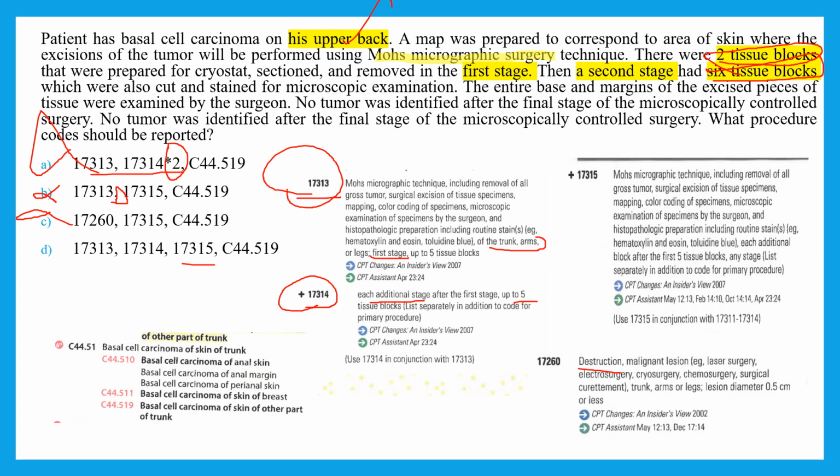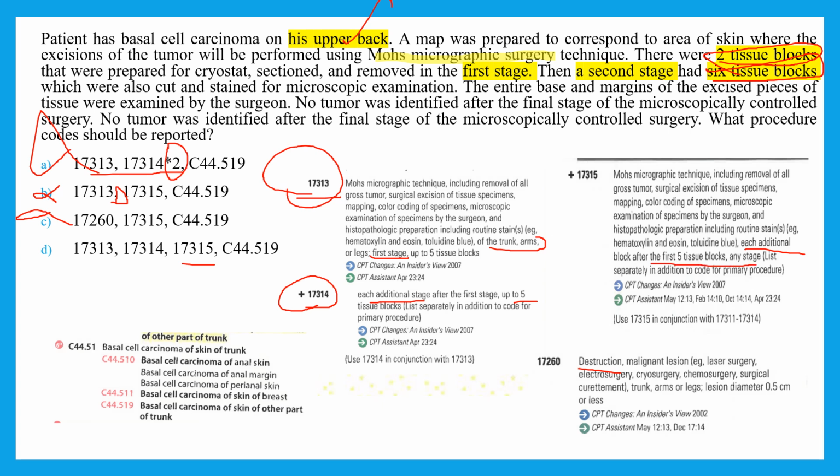For the additional tissue blocks in the second stage, we have 6 in the question, but this code gives only 5 tissue blocks. So additionally, we need to add another 1 tissue block. For that, 17315. So it is for each additional block after the first 5 tissue blocks in any stage.